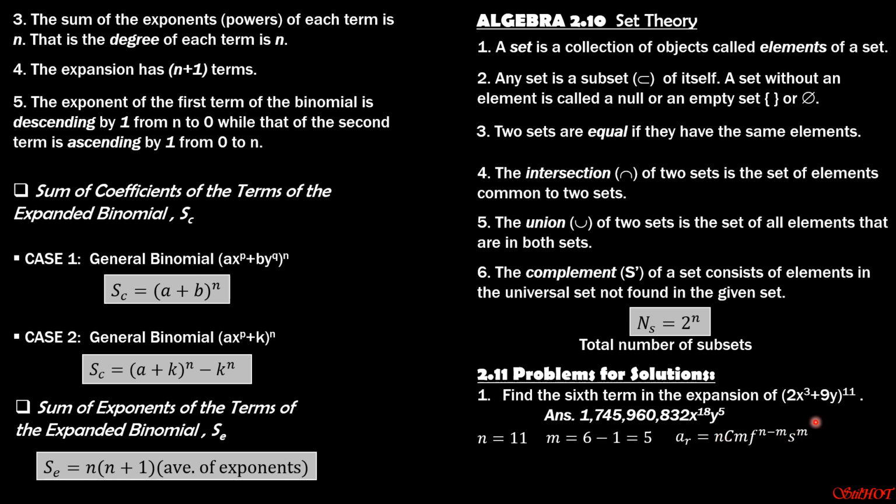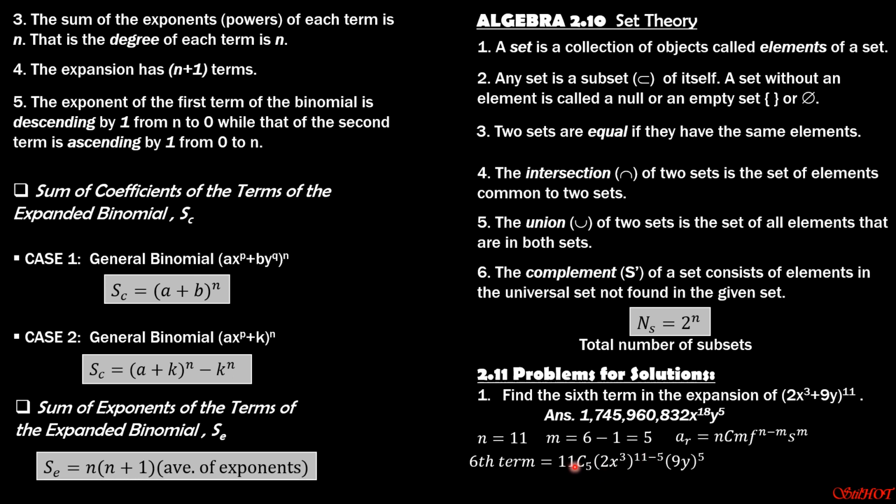Substitute in this formula: 11 combination 5, then the quantity 2x cubed raised to 11 minus 5, then the quantity 9y raised to 5. So evaluate with your calculator 11 combination 5, then do not stop there. You multiply that by 2 to the 6. 11 minus 5 is 6. So times 2 to the 6.